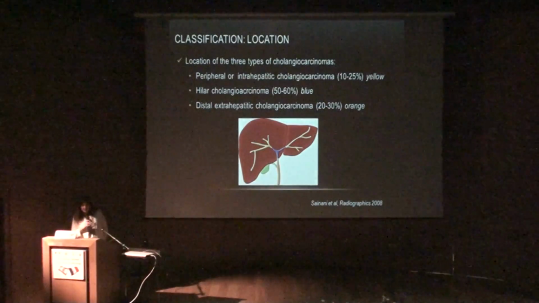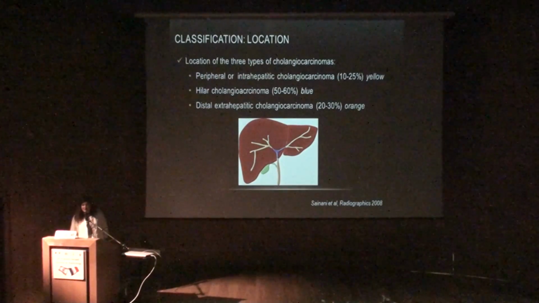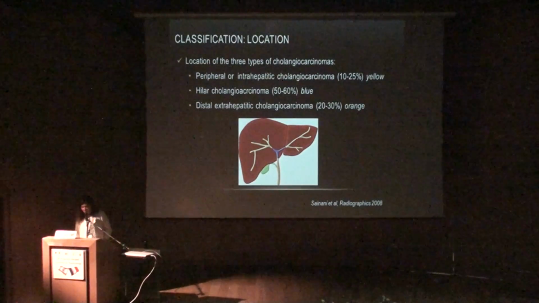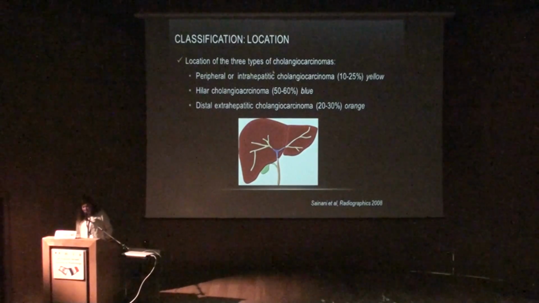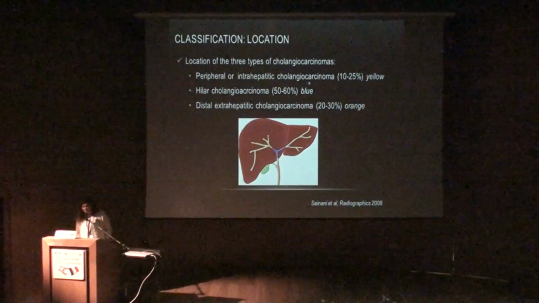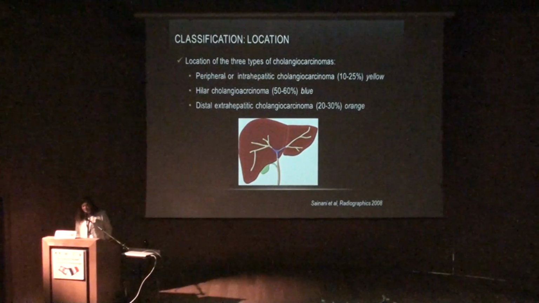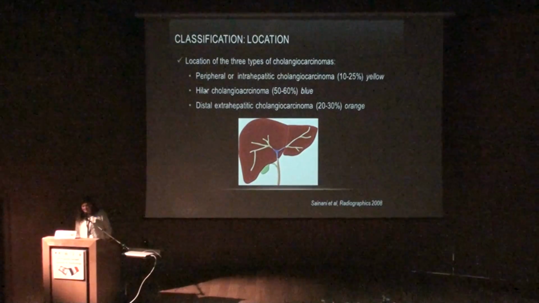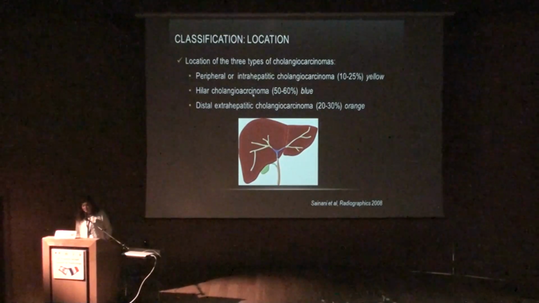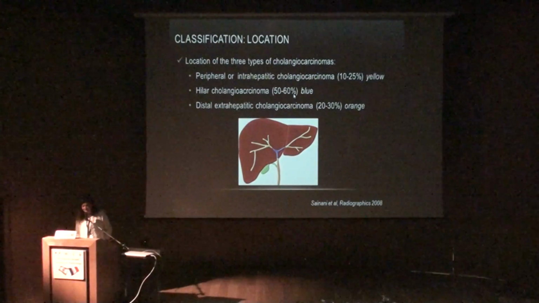You have two classifications for this tumor. The first one is a classification according to the location of the lesion. So there are 3 types of cholangiocarcinoma. The first one is peripheral or intrahepatic cholangiocarcinoma, around 10 to 25% of the lesions. The second type is hilar cholangiocarcinoma, which represents around 50 to 60% of cholangiocarcinomas.